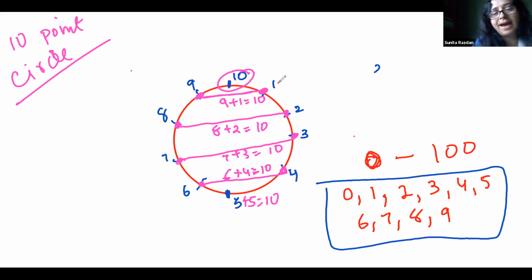What will be the number if I add 1 to 10? 11, right? Plus 10, 12, right?